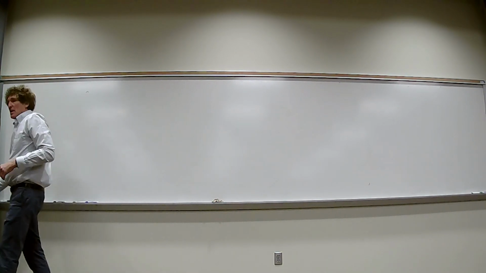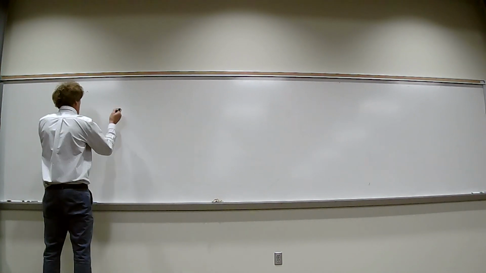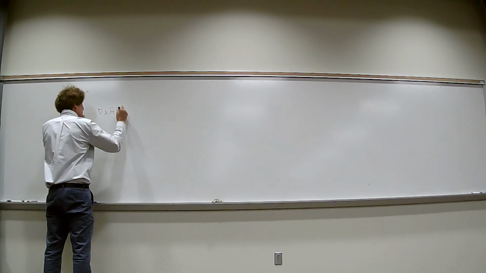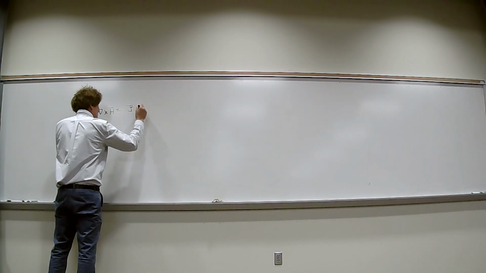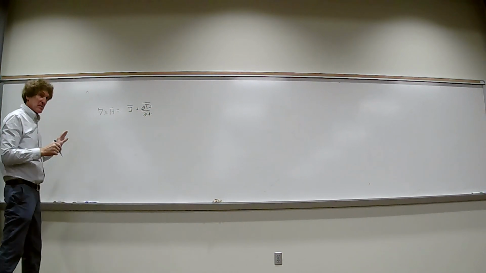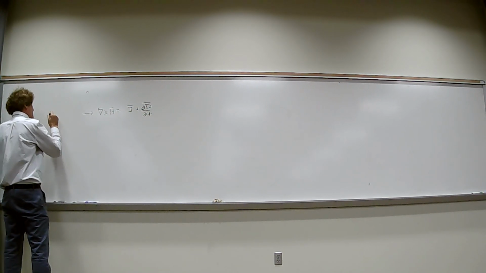So, now, this is in the book, but I want you to just write this down. There are two equations called Maxwell's equations that dictate everything. The first one is curl of H is equal to J plus the partial of D with respect to t. These are based on experimental observations. This is simply Ampere's law.